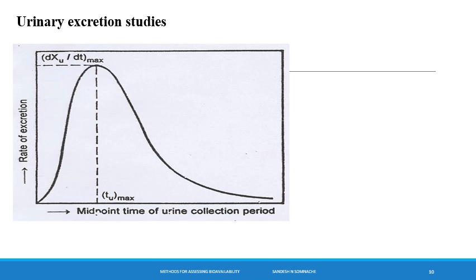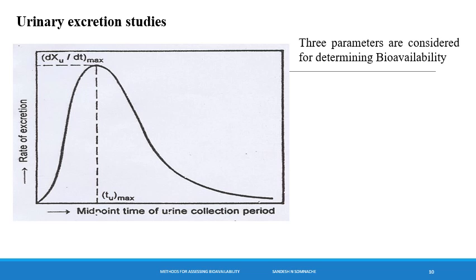One major limitation with urinary studies is collection of sample at a particular time point, and complete discharge of urine is very difficult, and the residual amount of drug remaining in the urine gets added into the next sample.